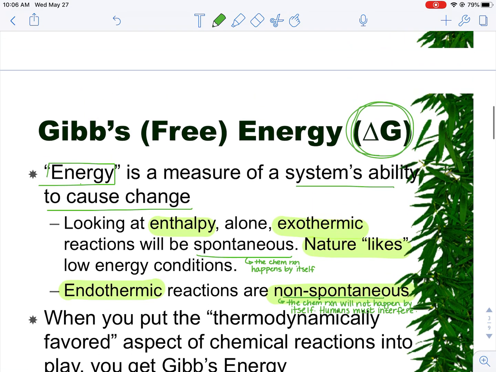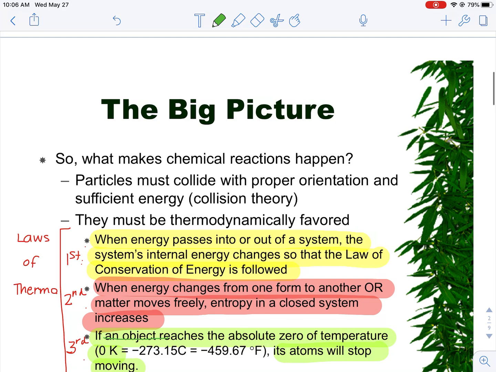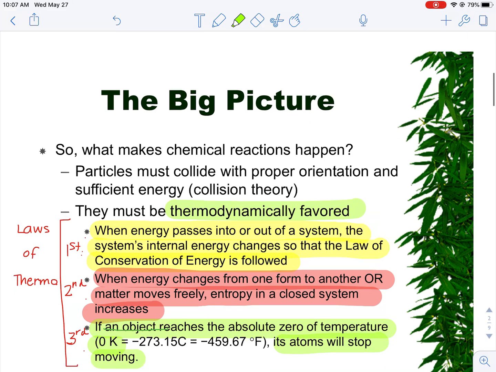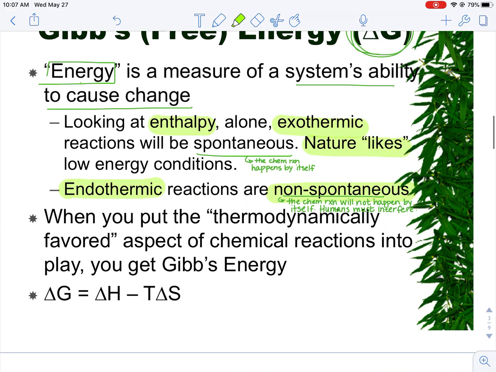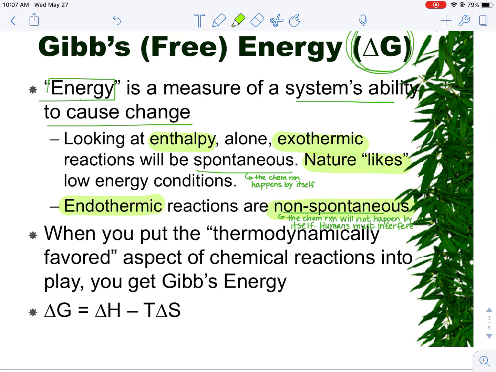So when you now put this second condition of the big picture, what makes chemical reactions happen, when you put the thermodynamically favored aspect into it, not only do we need to look at enthalpy, which is part of this Gibbs energy, you also have to take into account the second law of thermodynamics, the entropy.